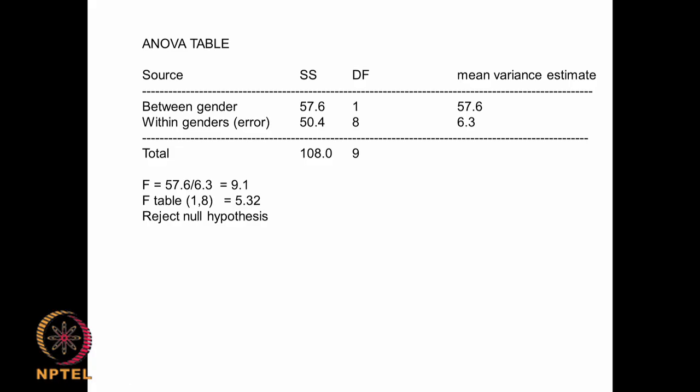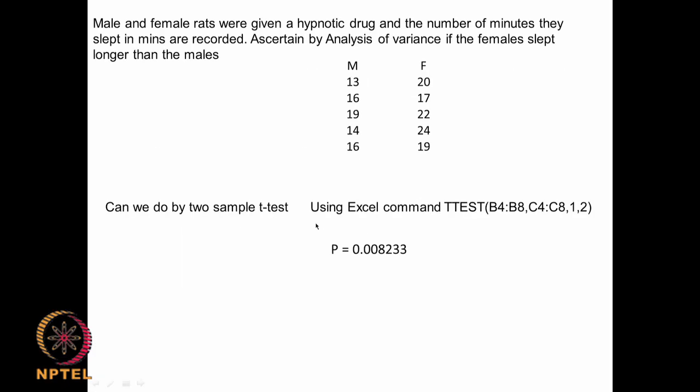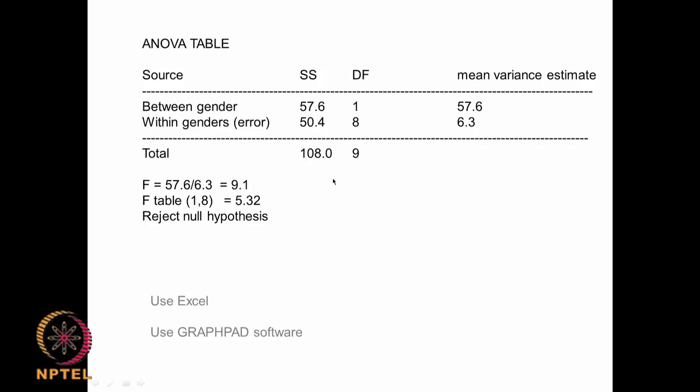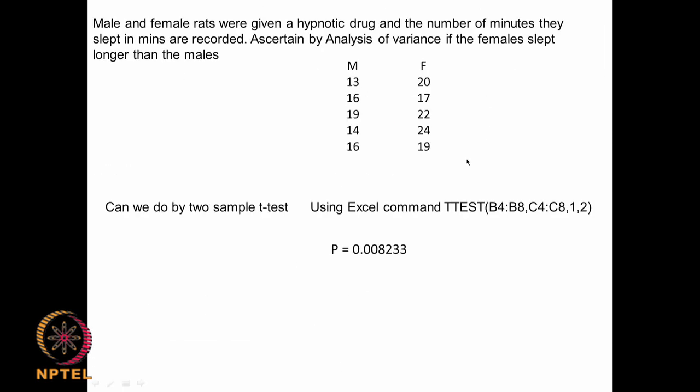Now the same problem we can do using a 2 sample t-test also, right, 2 sample t-test also. So same problem, I can do it as a 2 sample t-test. Of course we can use Excel or we can use both the commands and see what we get.